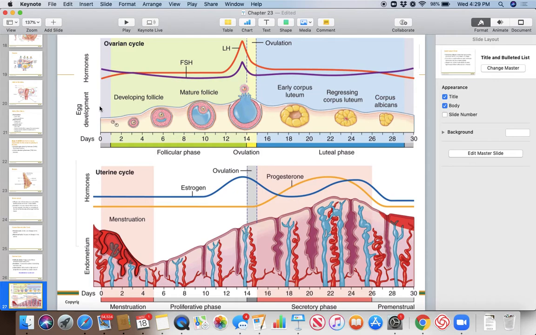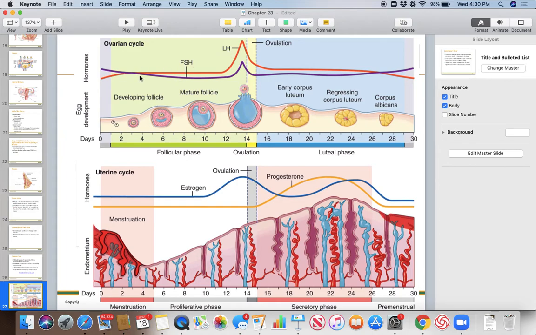So in the last days of menstruation, low levels of estrogen and progesterone, so you can see those levels have dropped, stimulate the hypothalamus to release GnRH. Then GnRH stimulates the anterior pituitary to release FSH and LH.